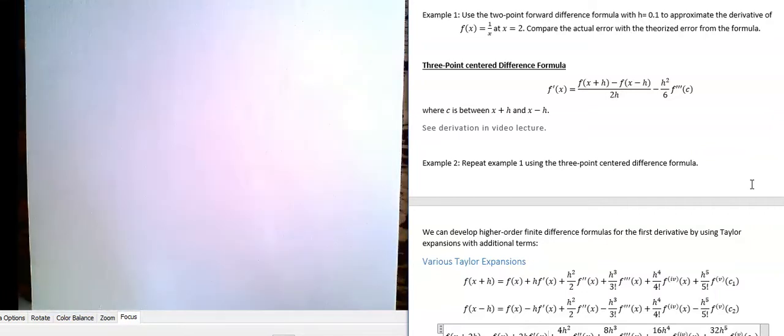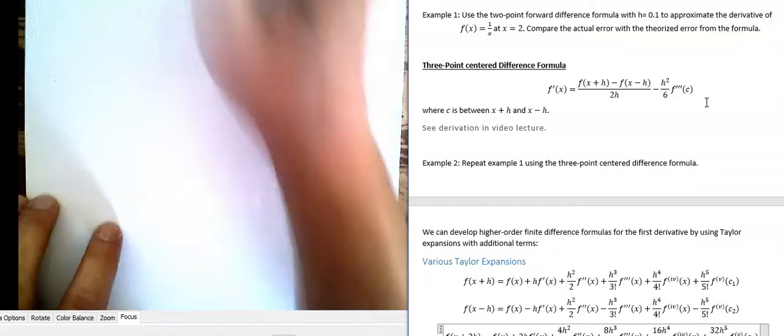Now let's look at the 3-point center difference formula. So here, if we look, what we have going on here, the f prime is equal to this finite difference formula minus this error term here. So let's see about what that means and how do we get there. Okay.